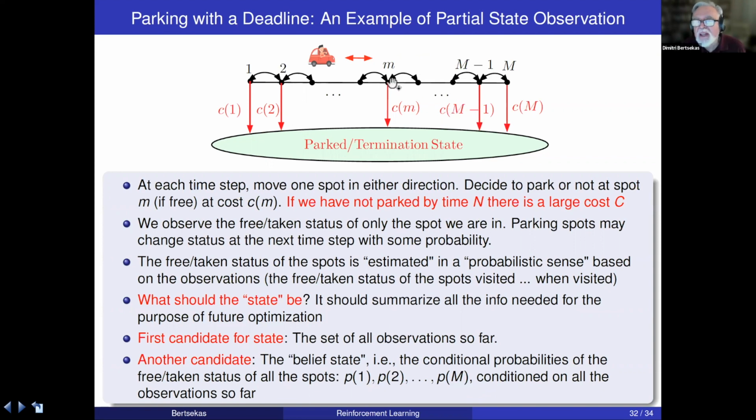Then the driver can usefully take this into account and move in that direction. Similarly, this probabilistic map of the status of the parking spots can guide fruitfully the decisions of the driver.